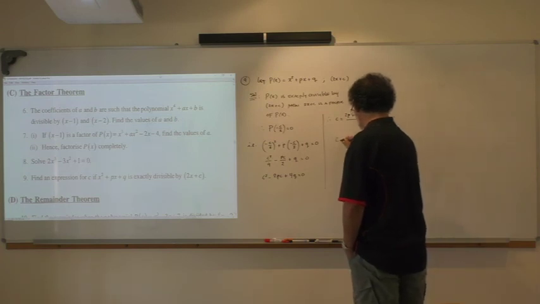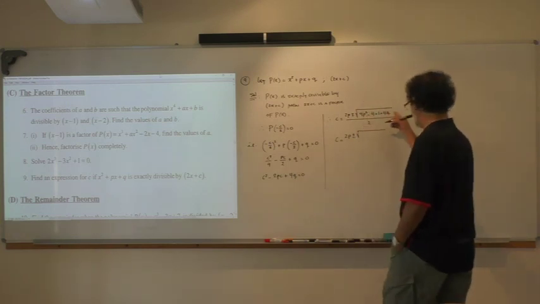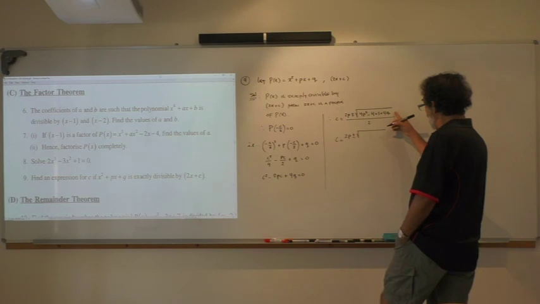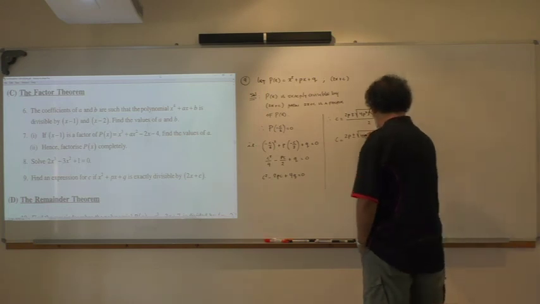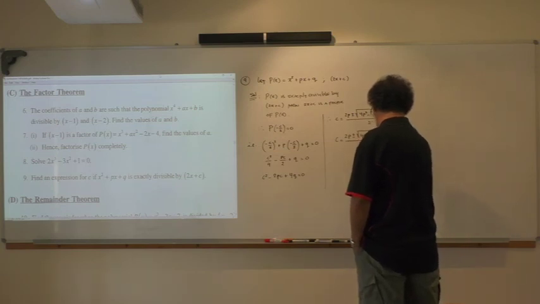Okay, so c is going to be equal to 2p plus or minus the square root of, now we're going to simplify this a little bit, that will give you 4p squared minus 16q, and then on 2.